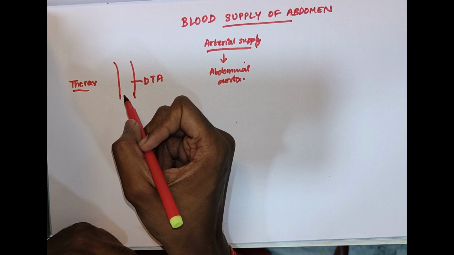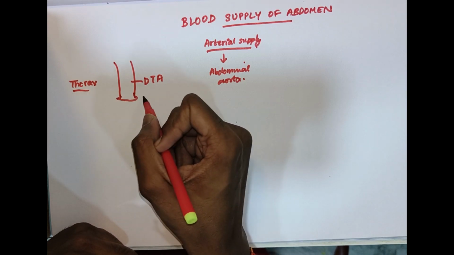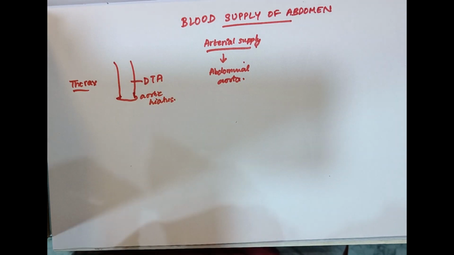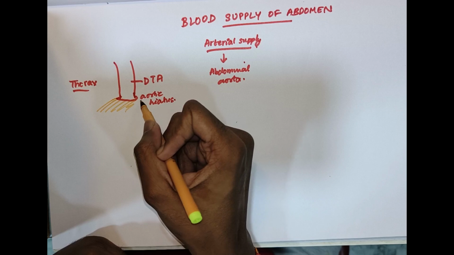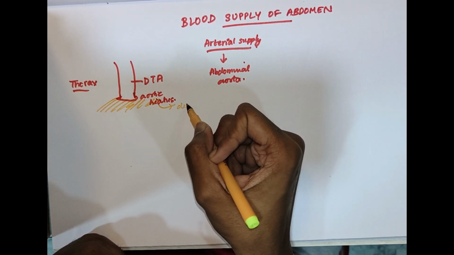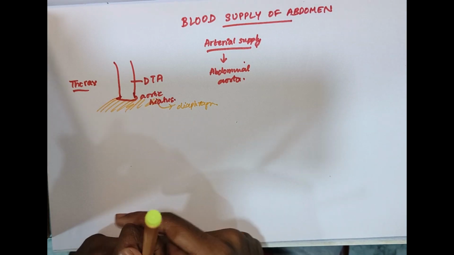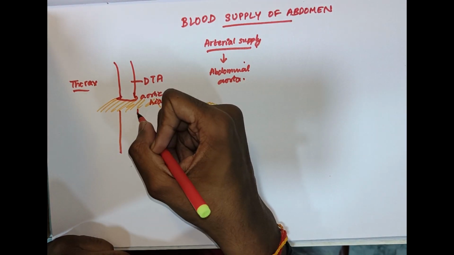Now, as soon as it enters the aortic hiatus, where is the aortic hiatus located? The aortic hiatus is located on the diaphragm, of course. There, it becomes the abdominal aorta.